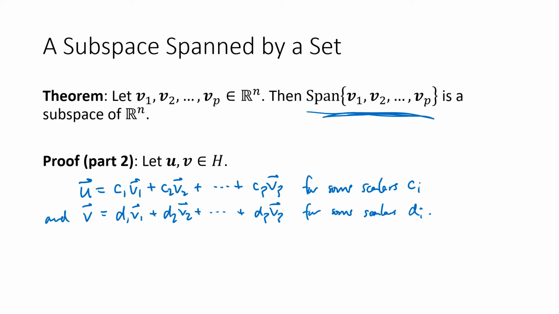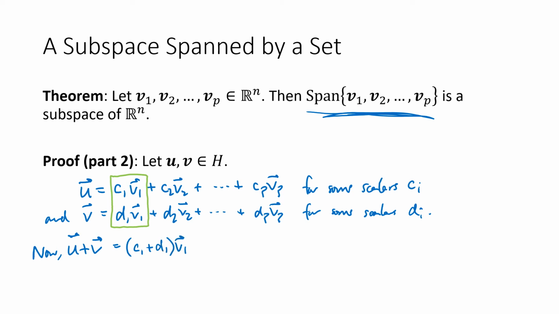And now what we want to do is add these together and find out whether or not we actually end up still in H. So we write u plus v, and we say, okay, what is that? Well, if we take c1v1 plus d1v1, by our algebraic properties, we can write that as c1 plus d1 all multiplied by v1.